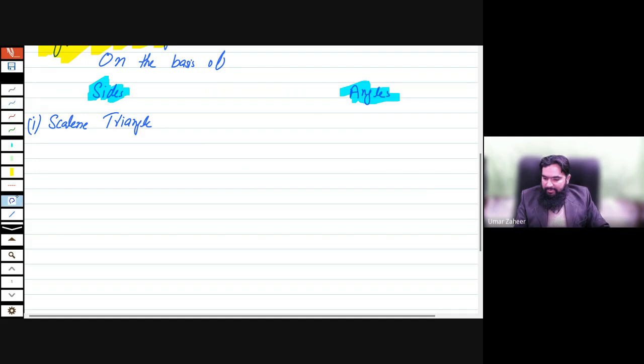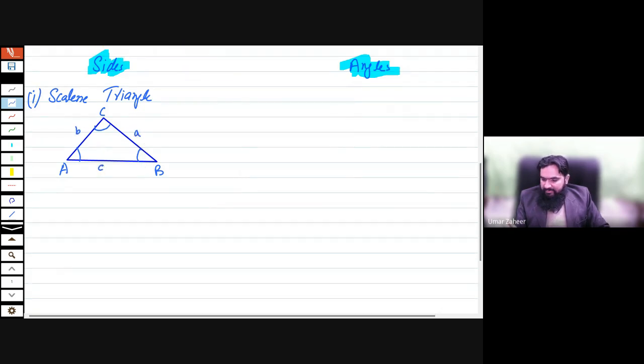For example, I'm just going to make a triangle. So let's say it is side A, B, C, angle A, angle B, angle C, small a, small b, small c. So the lengths of all sides are different.